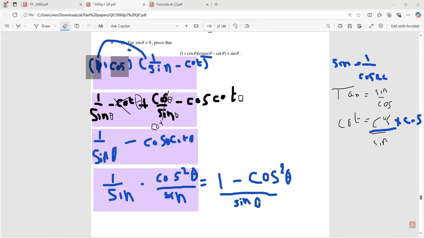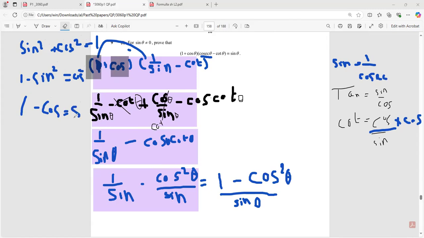My favorite rule, always remember this rule: sine square plus cosine square, for theta or x or y or whatever the angle is, equals 1. So 1 minus cosine square equals sine square, right? Don't forget the squared.